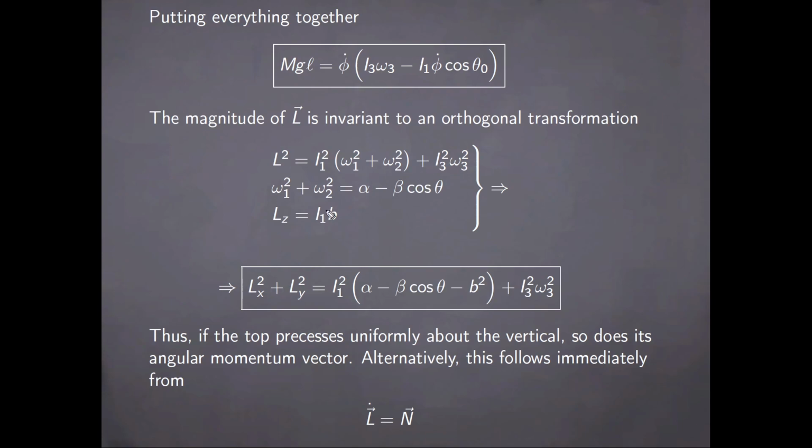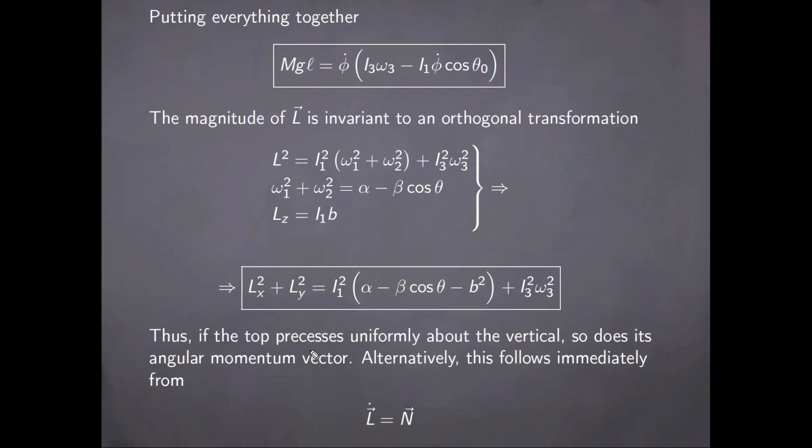So if you put these things together, you can show that the sum of squares for the x and y components of the angular momentum in the laboratory frame is overall a constant depending only on the cosine of the angle theta.